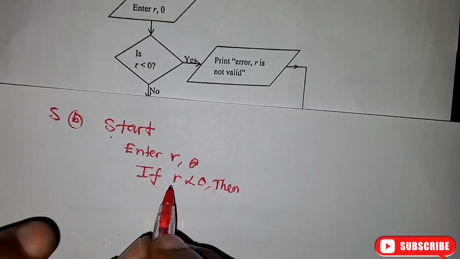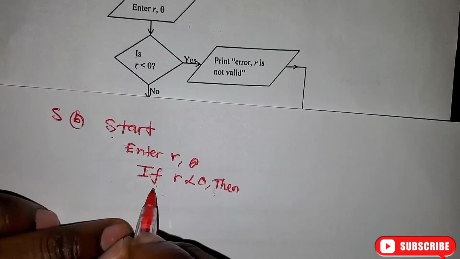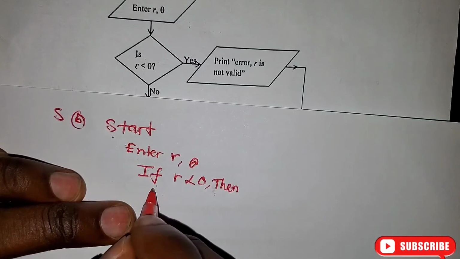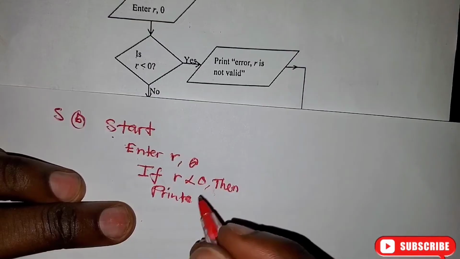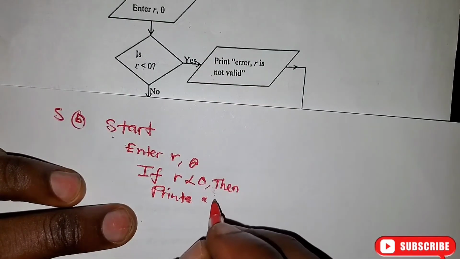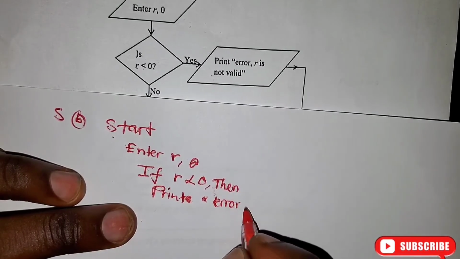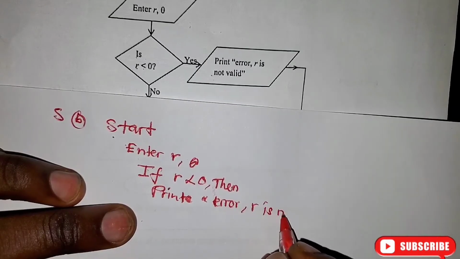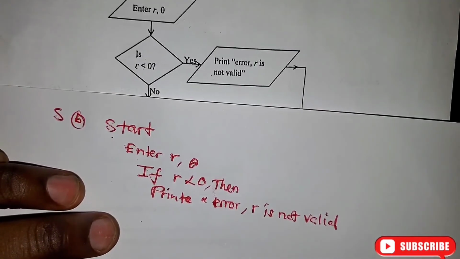The if here is a condition, and there are two possible answers, either yes or no. If yes, print error. Whatever is inside here: print error, r is not valid.